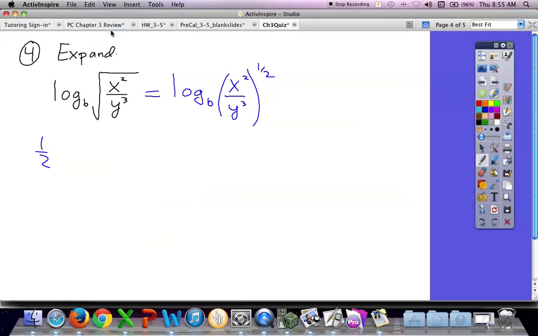Log base b of x squared over y to the third.